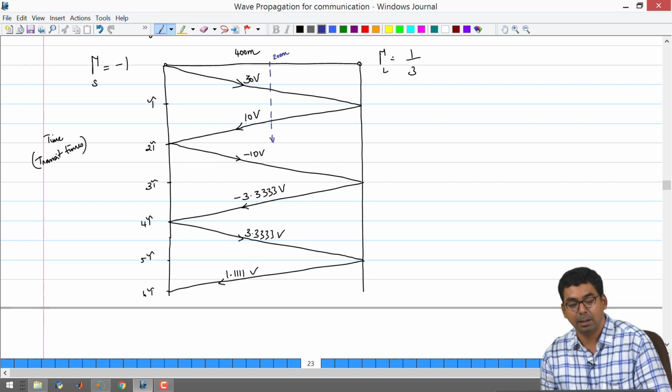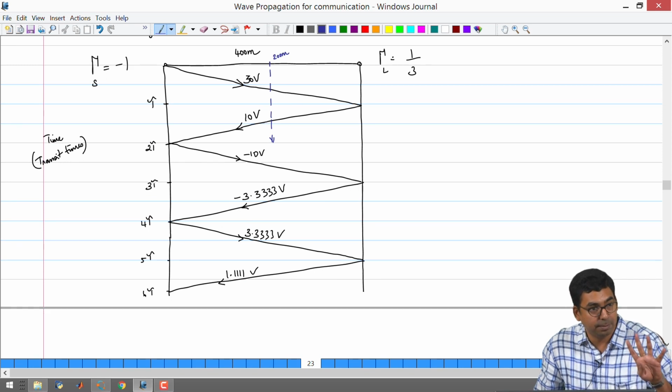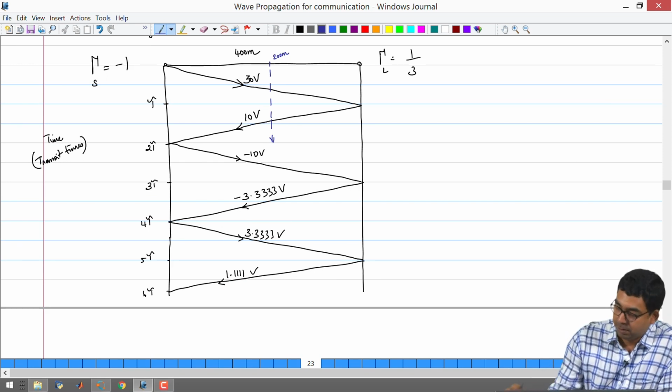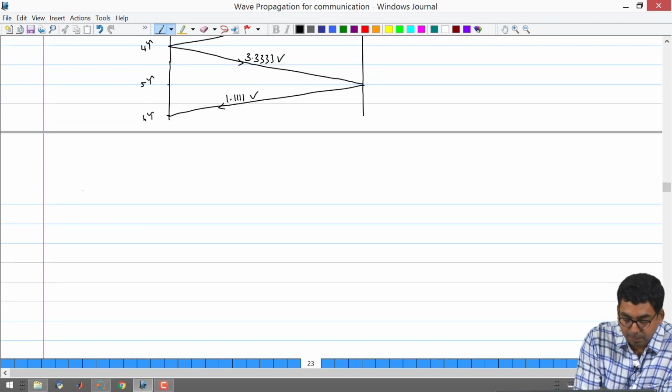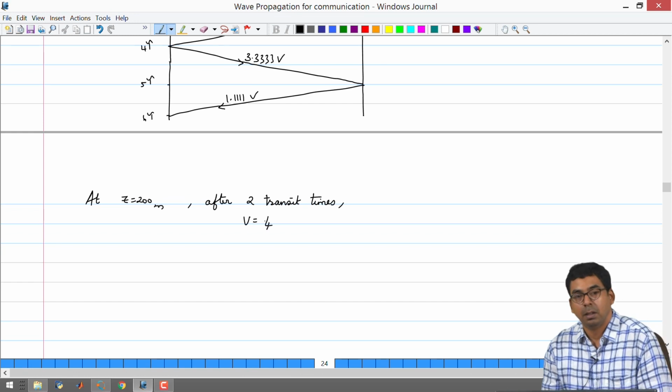So at that instant of time, say after 2 transit times at z equal to 200 meters, you will be having 40 volts. Okay.